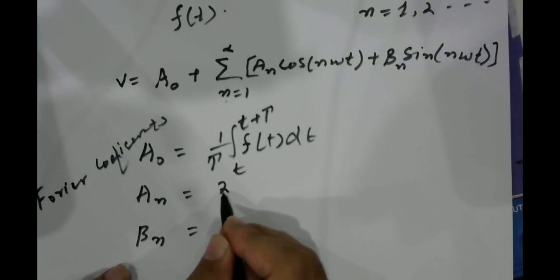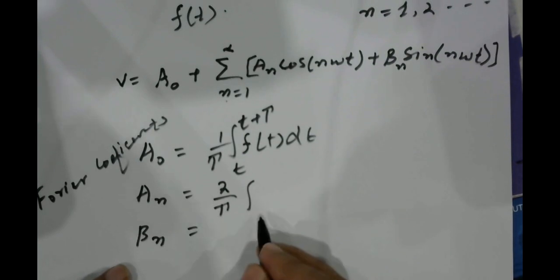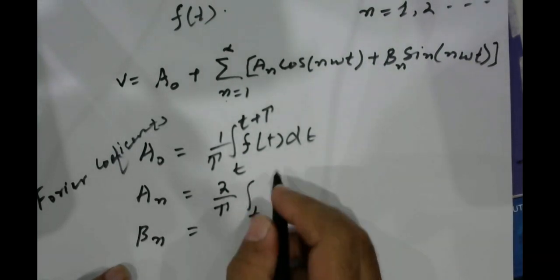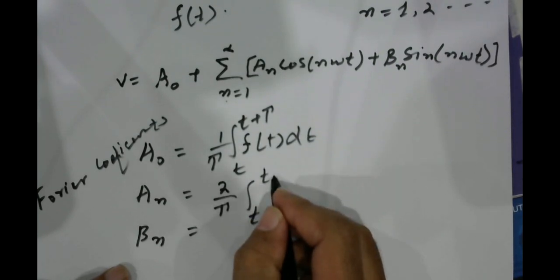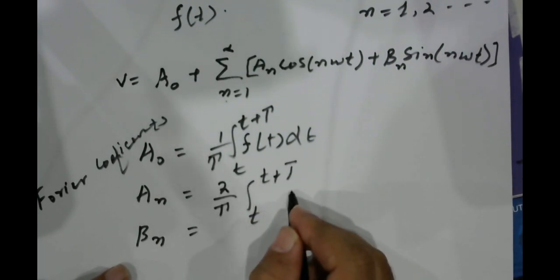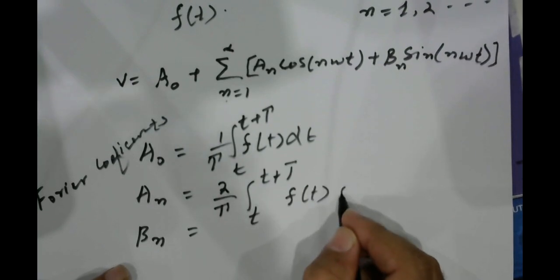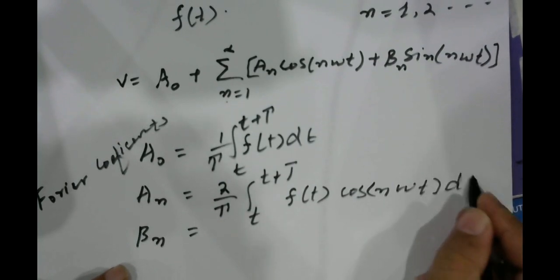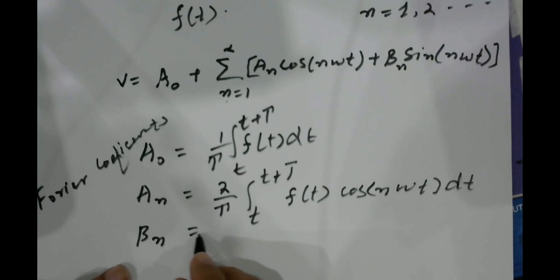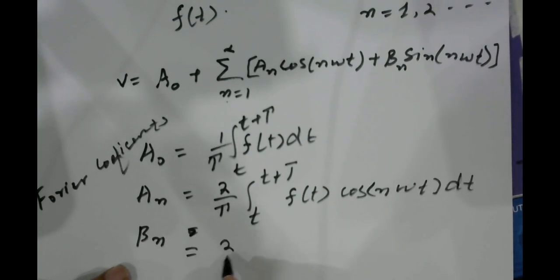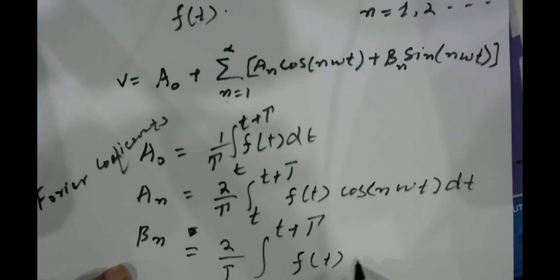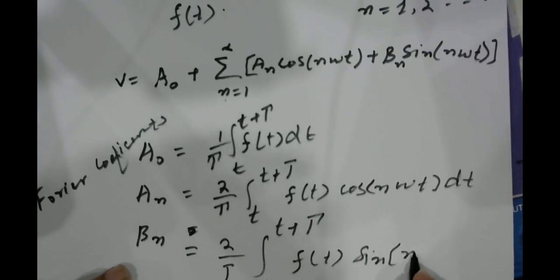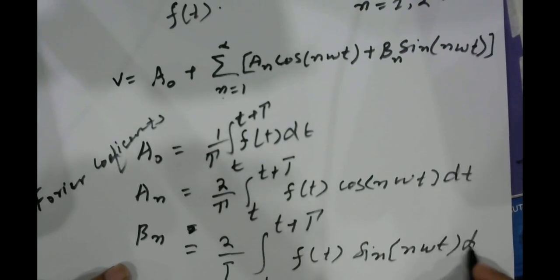You can find this value by 2 by T, with the limits staying the same, from t to t plus T, of f of t cos n omega t dt. And b n will be 2 by T, integral from t to t plus capital T, of f of t sine n omega t dt.